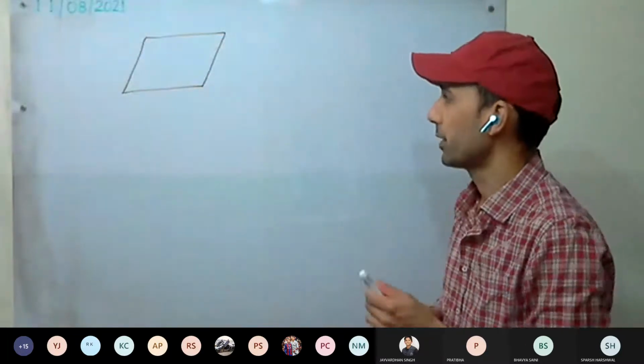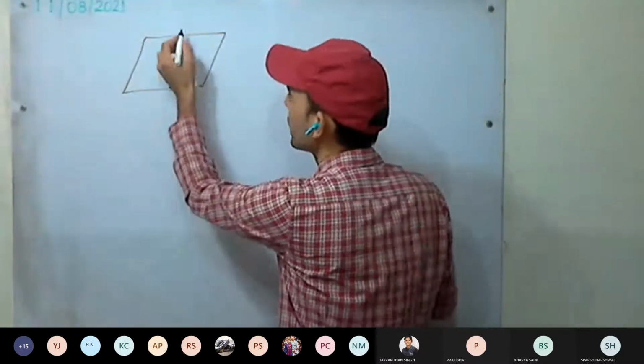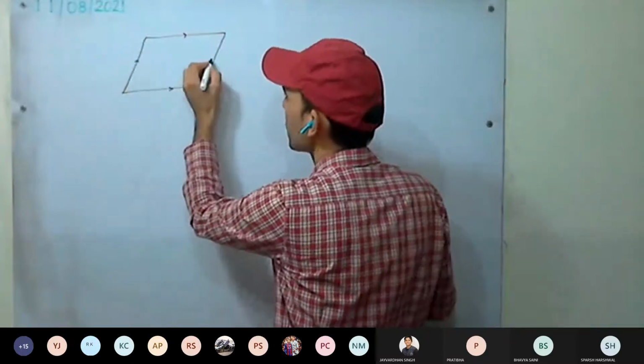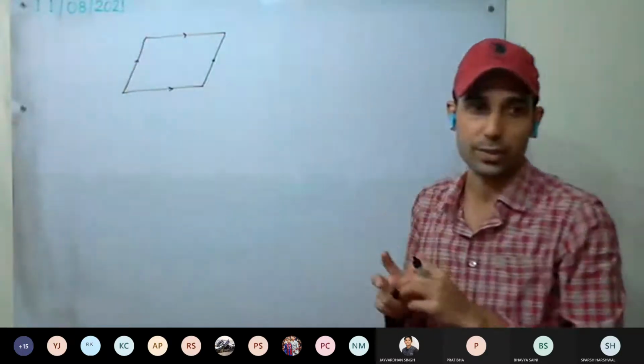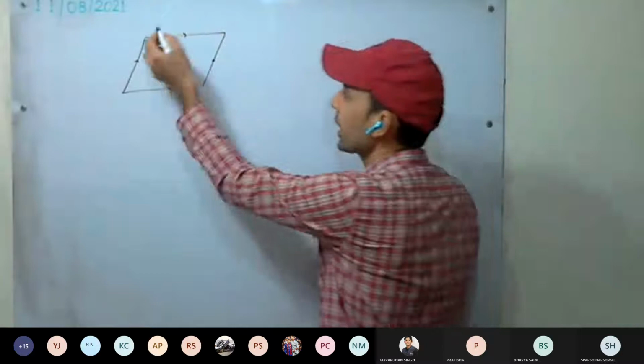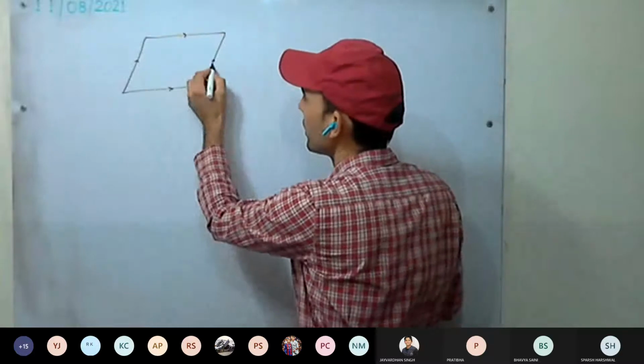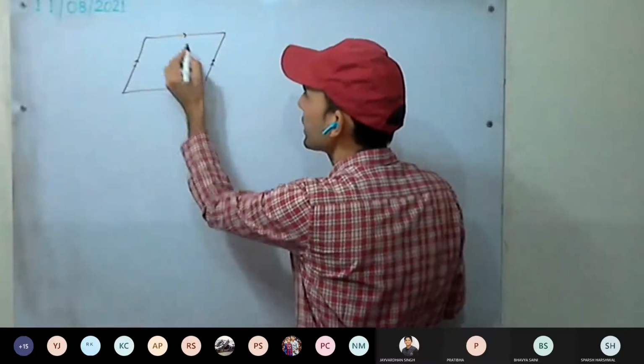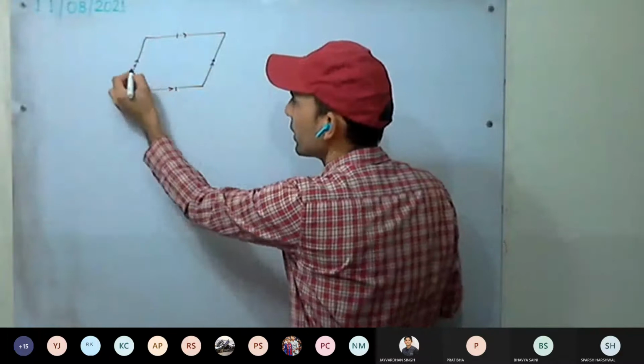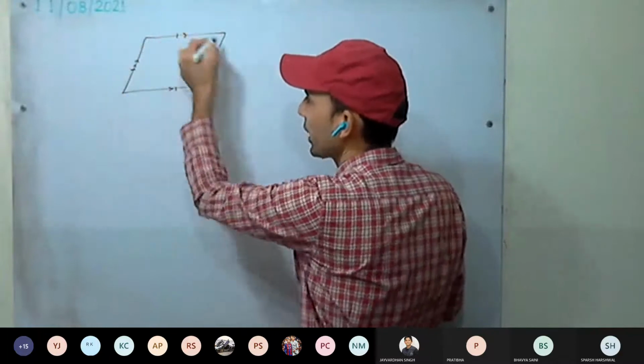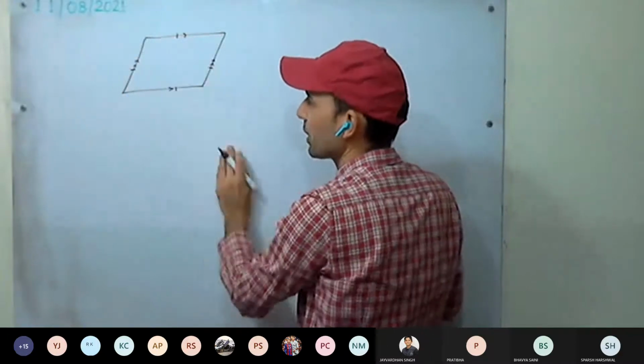Okay, let's discuss the properties of rhombus first. Opposite sides are equal, it means this side will be equal to this. All four sides are equal and opposite sides are parallel.